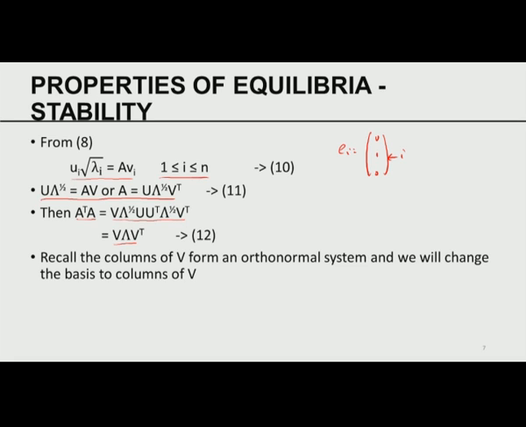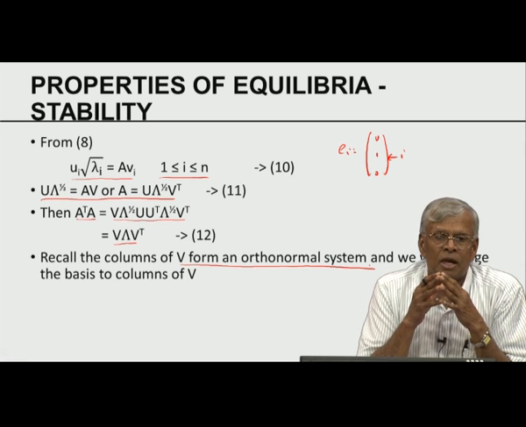So now we are going to gain by changing the analysis from the given simple coordinate system to an orthogonal system defined by V, the columns of V. What are the columns of V? They are the eigenvectors of the matrix A transpose A. Given a space, we should always have n basis vectors.